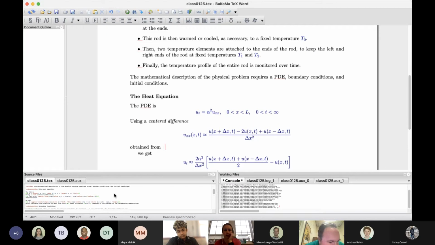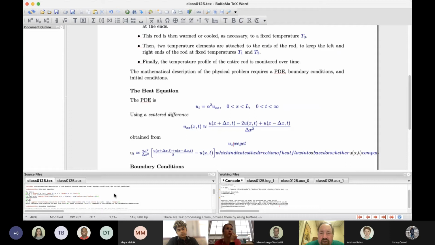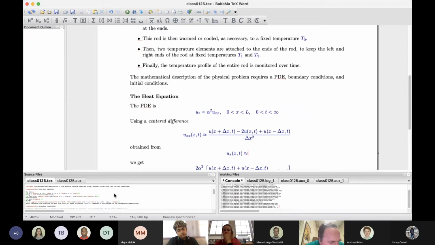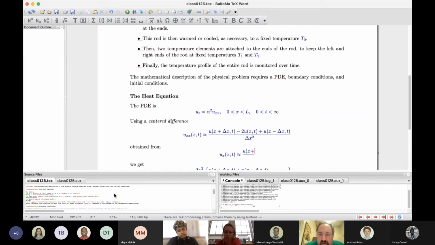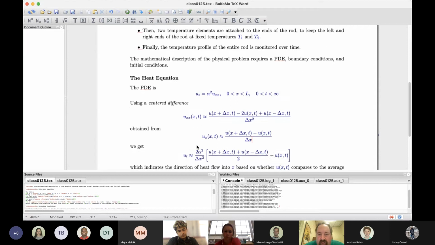Okay, so we have, because if you use the definition of derivative, this comes from the familiar difference quotient that you would remember from calculus.